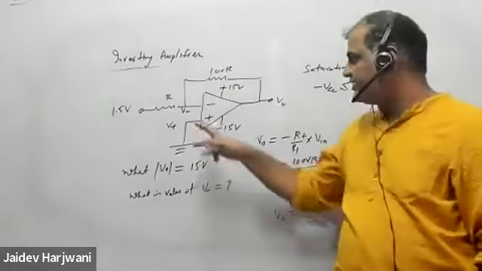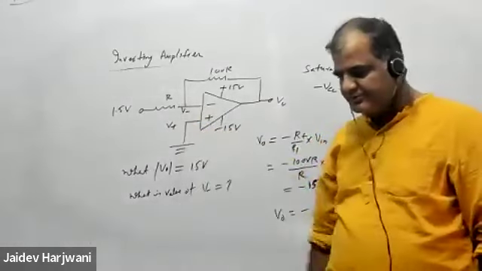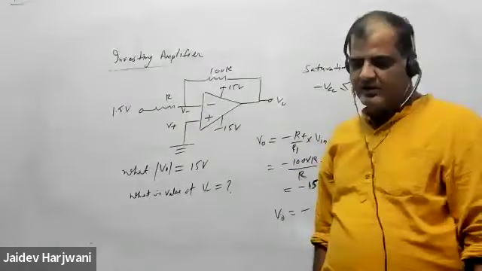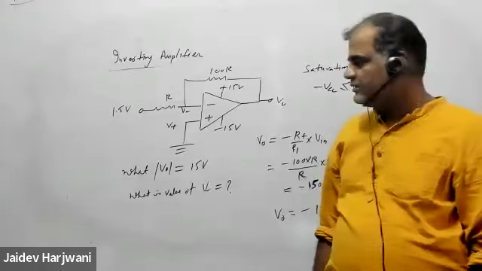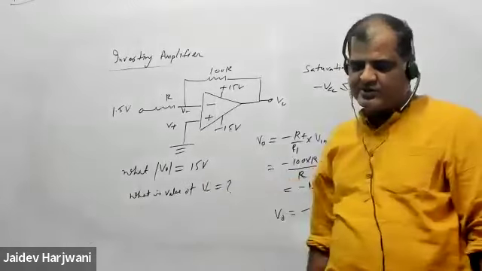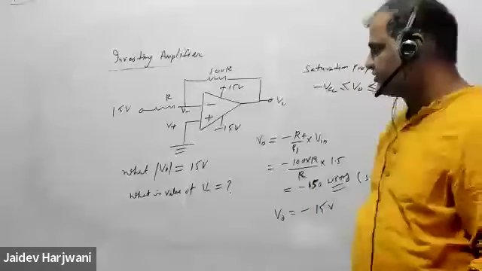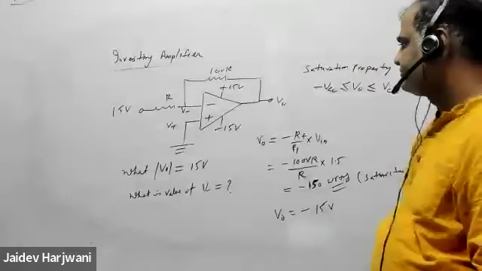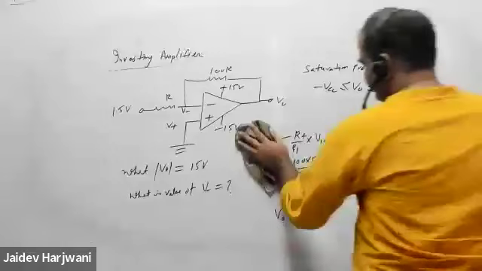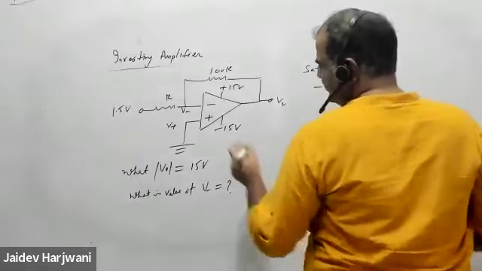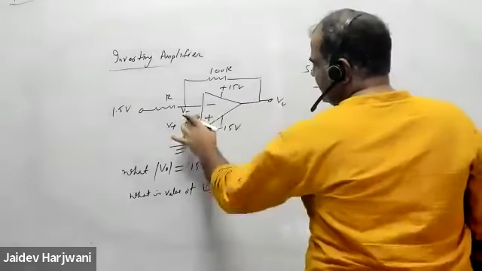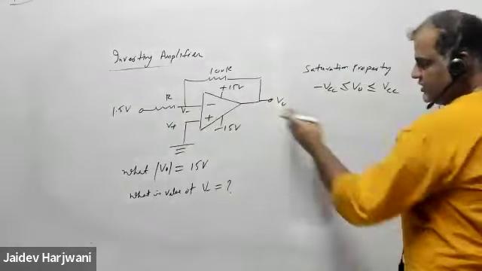That means I am asking whether V minus and V plus are same or not. That is what we call the virtual ground concept. But here, is it 0 or not 0 in this particular question? Whenever the output saturates, if it is ideal and not saturating, V minus and V plus should be the same, but it is not.